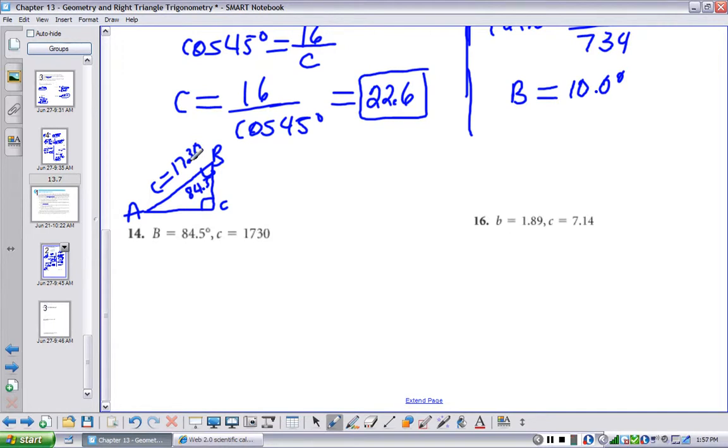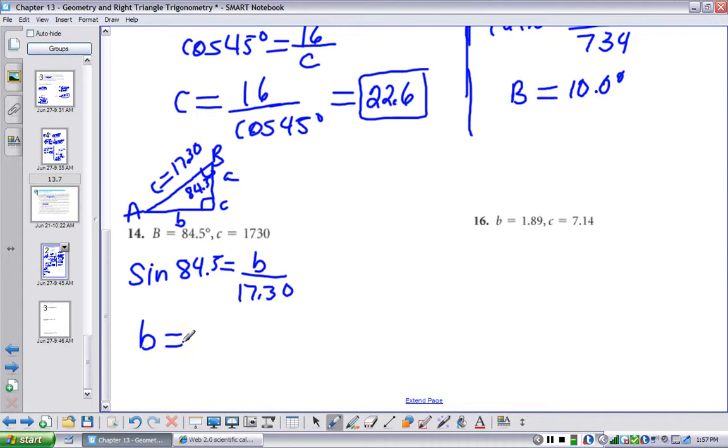Okay. So if we look at this angle, we're given the hypotenuse. If we want to find side B or side A, to find side B, we have opposite over hypotenuse, and that's sine. So sine of 84.5 is the opposite side, which is B, over the hypotenuse, 17.30.